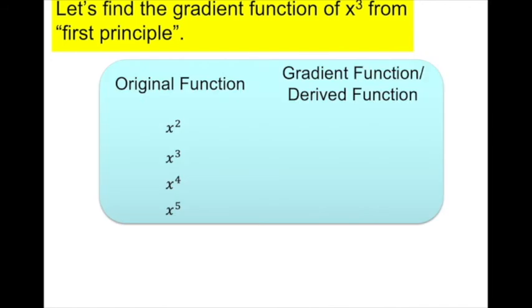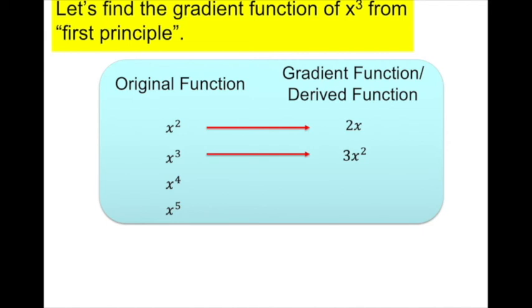So to sum up, if we have an original function of x squared, then the gradient function is 2x. And when the original function is x cubed, the gradient function or the derived function is 3x squared.